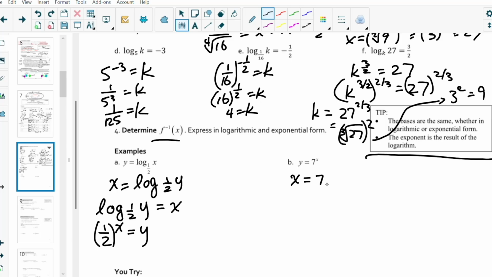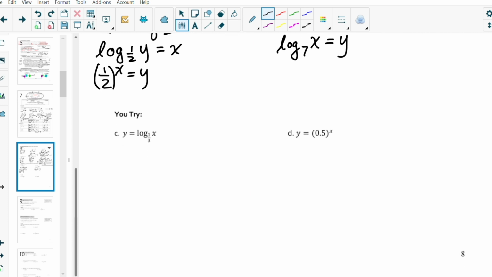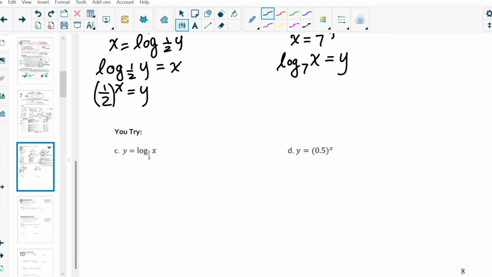Okay, so I have something in exponential form. Let's write the inverse. We're going to swap. And then let's write this in logarithmic form. Log, what's the base? The base is 7. What's the argument? X. The exponent, the result that returns is y. Okay, you give it a try.